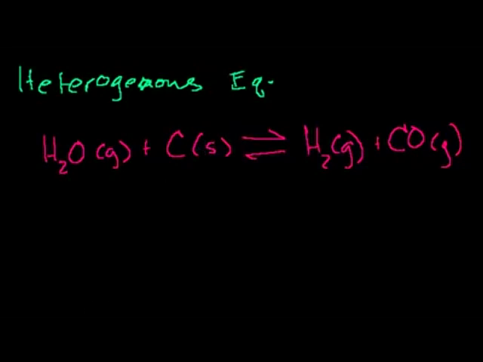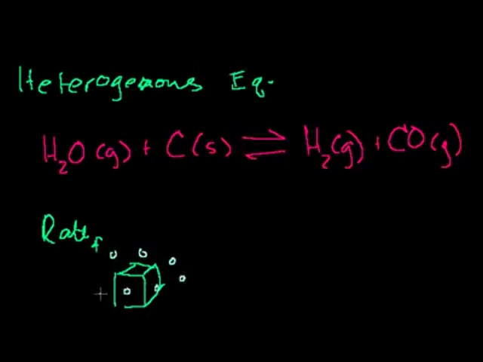So if you talk about the forward reaction, what's the forward rate going to be dependent on? Well, the solid, there's a big block of carbon sitting there, a big cube of carbon. And there's steam, water gas, all around it.